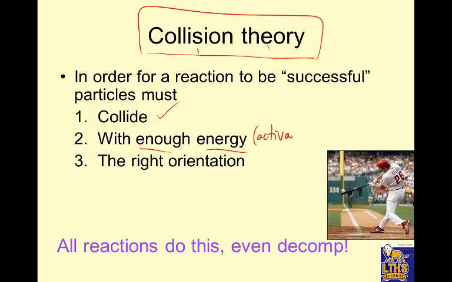That's the amount of energy it needs to go. And the right orientation means that the molecules or the atoms have to collide at the right angle or hit each other in the right spot to cause a reaction. So step one, molecules or atoms collide. Step two, they have to have the right amount of energy when they collide. And step three, they have to collide at the right angle or the right spot.